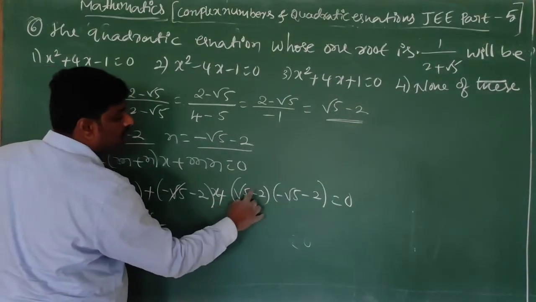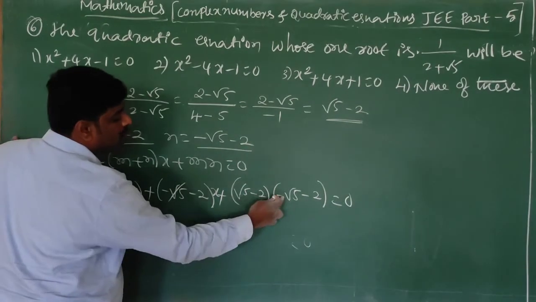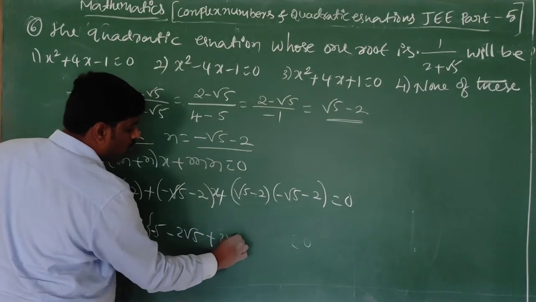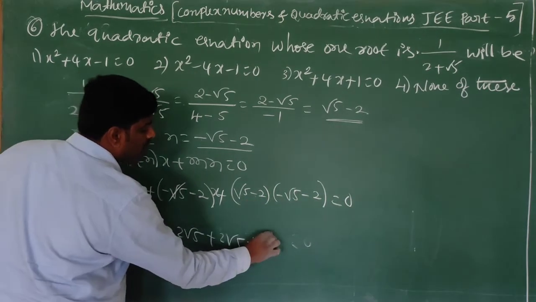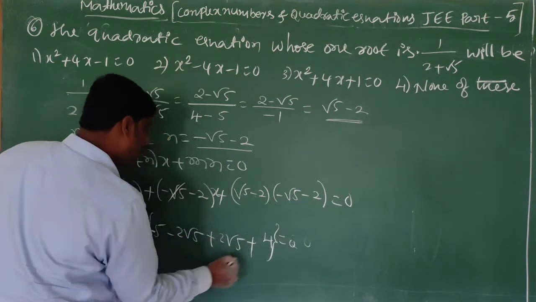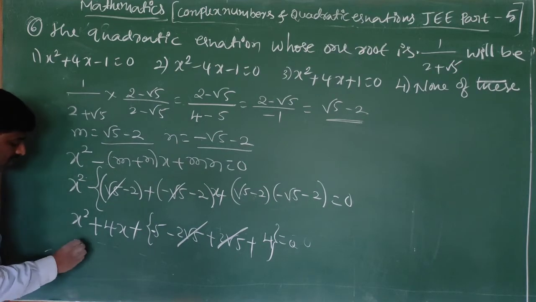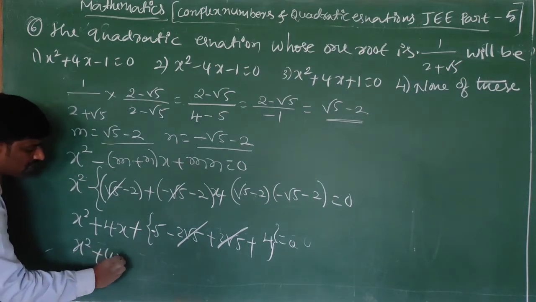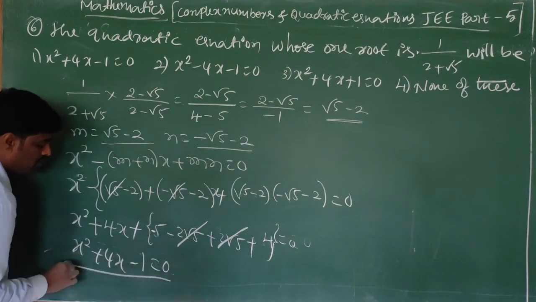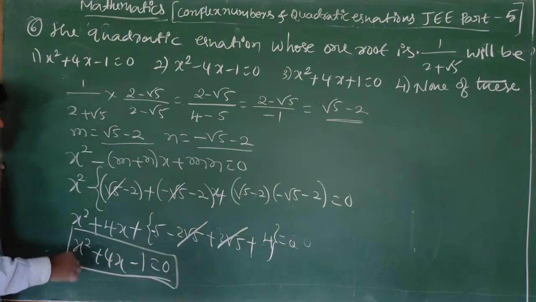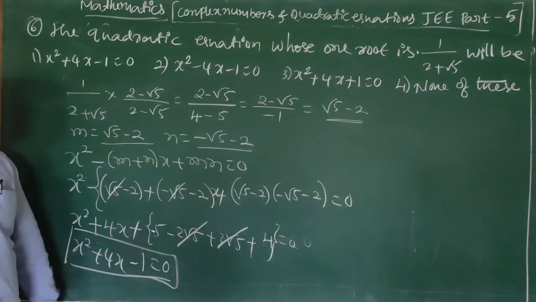Root 5 into minus 2 is minus 2 root 5, so minus into minus plus 2 root 5. Minus into minus plus, that is 2 square means 4. Plus 2 root 5 minus 2 root 5 cancel. x square plus 4x minus 5 plus 4 is minus 1 is equal to 0. This is the answer: x square plus 4x minus 1 is equal to 0.